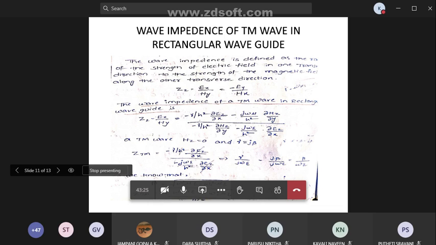So the wave impedance along the z direction is Zz equal to Ex by Hy. From the definition we can write Zz equal to Ex by Hy. Substitute the Ex and Hy equations.